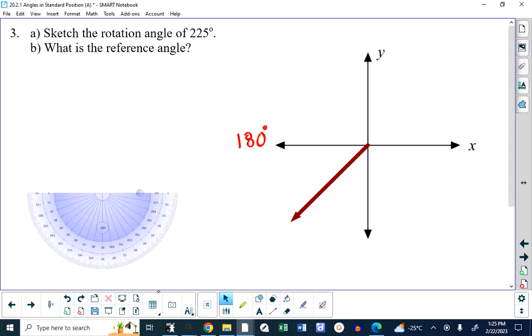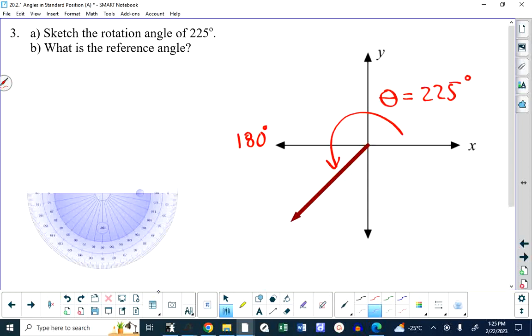So what do we draw? We draw an arc that does this, and we say theta equals 225 degrees. And the reference angle is going to be the smallest angle between the terminal arm and the x-axis, so that's indicated by that.